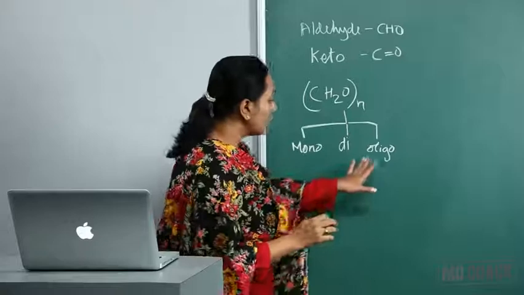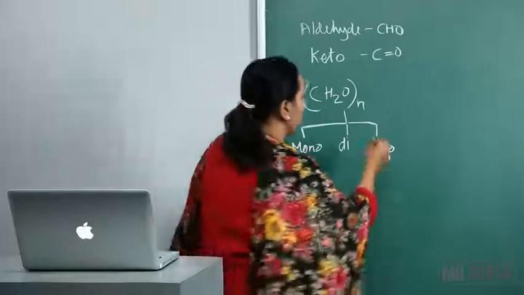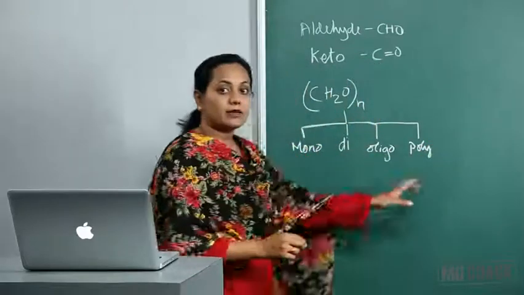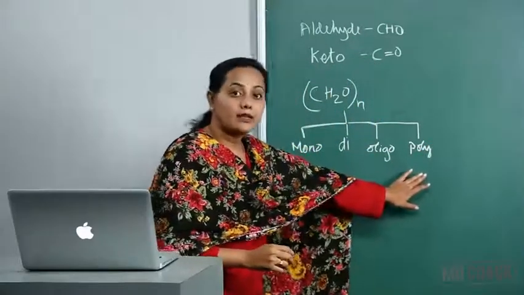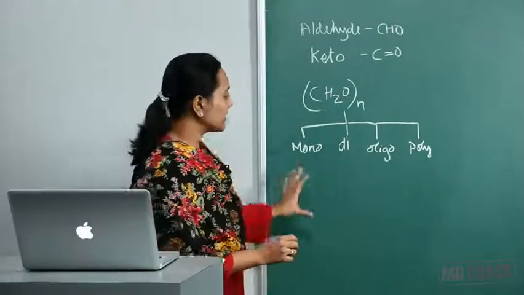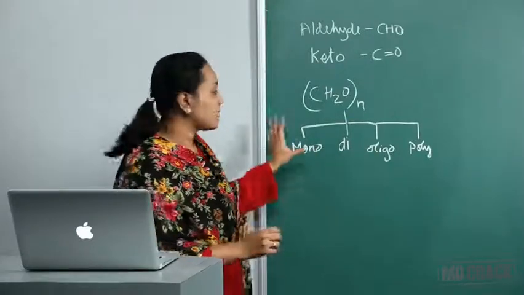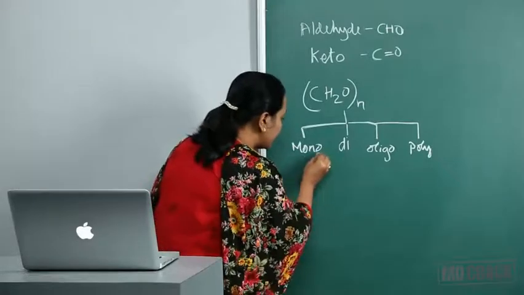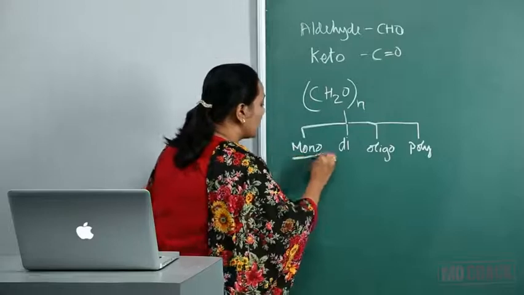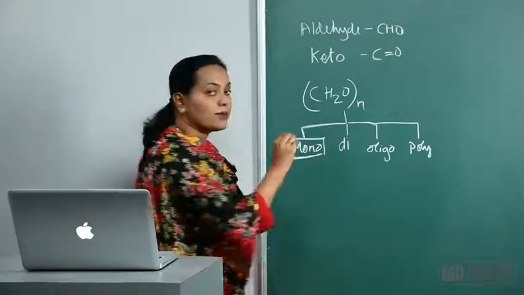That means more than 2, less than 10, or they may be polysaccharides. That means more than 10 sugar units in each residue. These are the main basic classification of carbohydrates. In today's session, I'll be dealing more with monosaccharides and their properties.